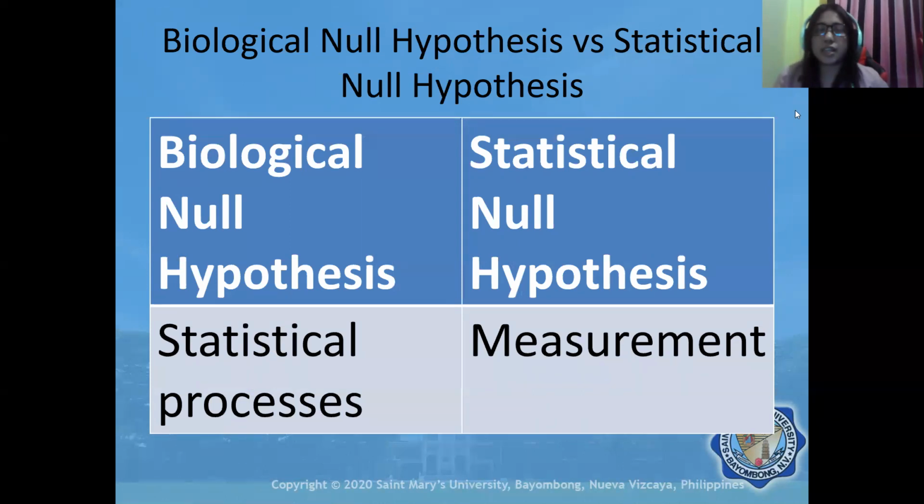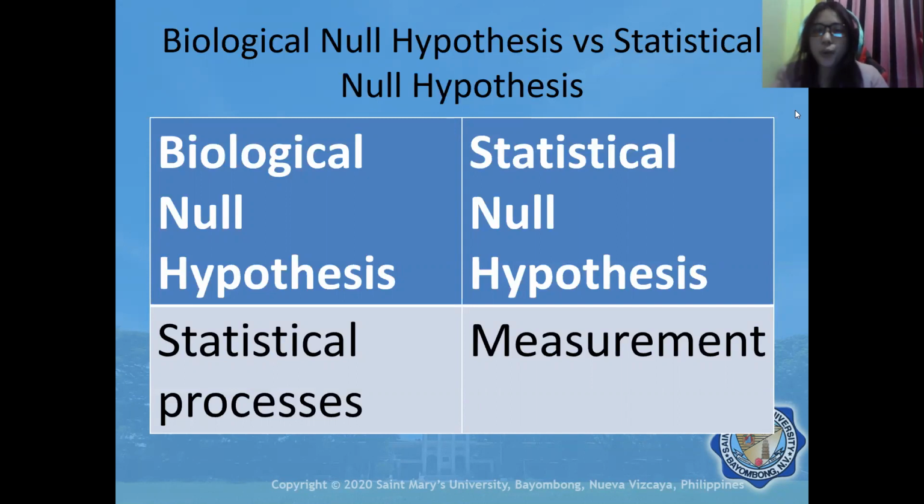So this is our guess which will be tested. If it talks about some biological processes, it is a biological null hypothesis, while if it deals with measurement, it is a statistical null hypothesis.